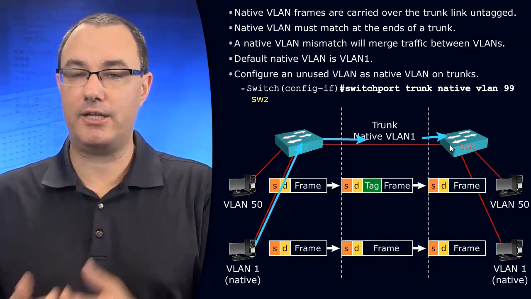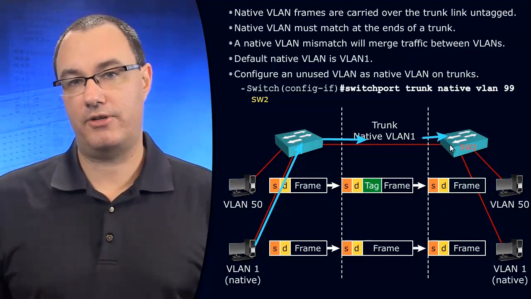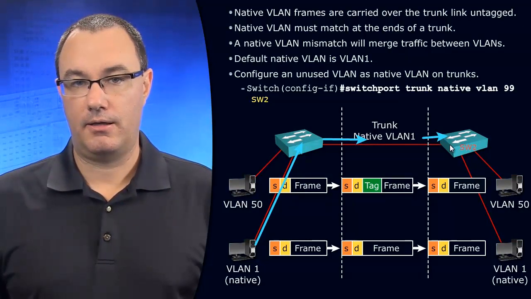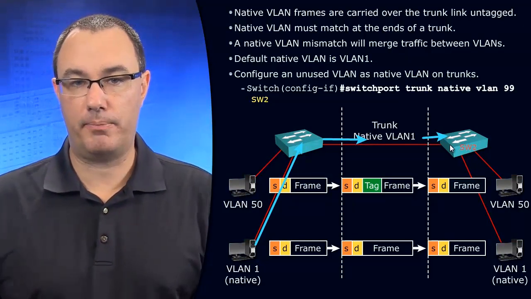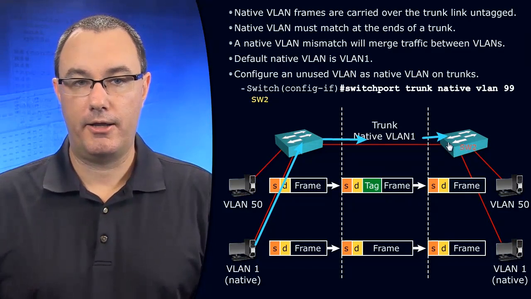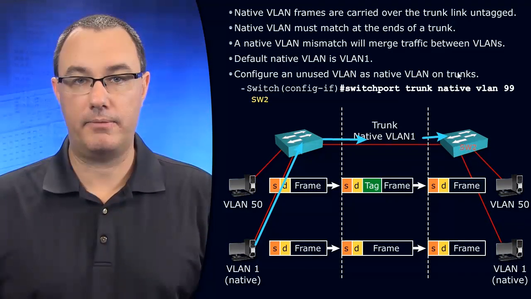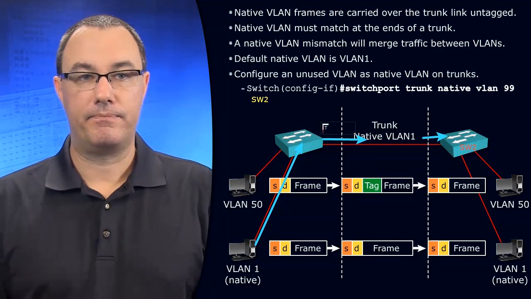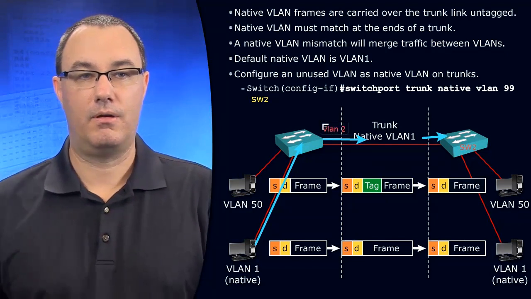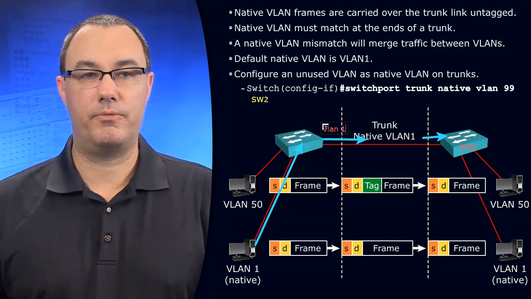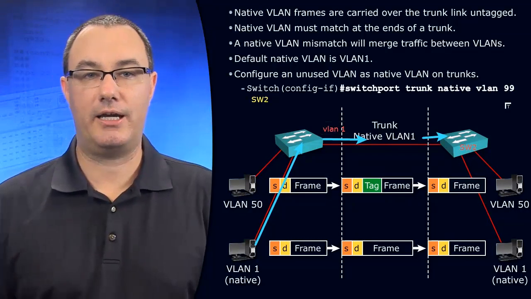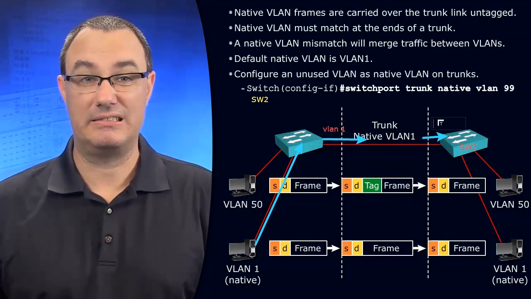But my native VLAN is different than switch 1's native VLAN. So this would, in fact, jump from being a frame for VLAN 1 to VLAN 99.